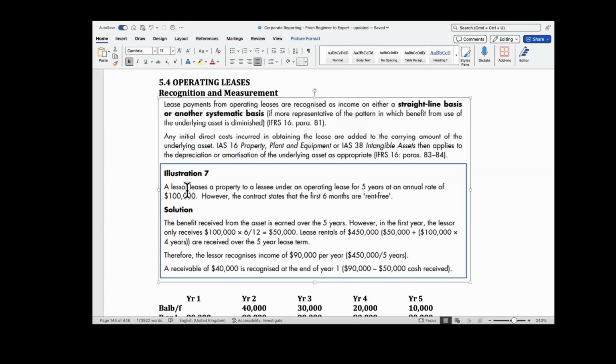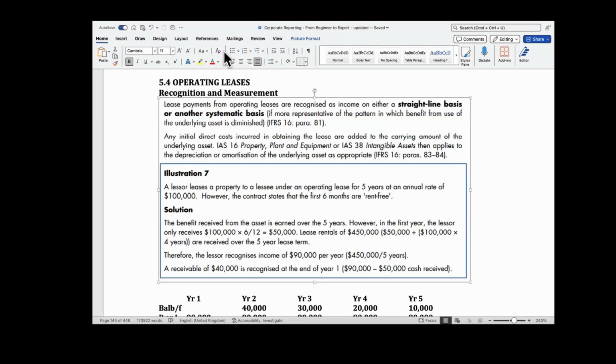They told us that a lessor leases a property to a lessee under an operating lease for 5 years at an annual rate of 100,000. However, the contract states that the first 6 months are rent-free. It says the first 6 months are rent-free.